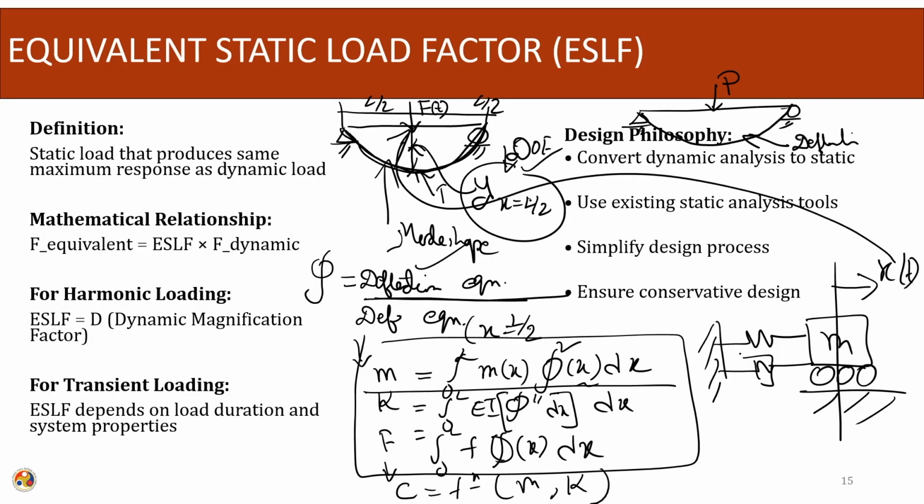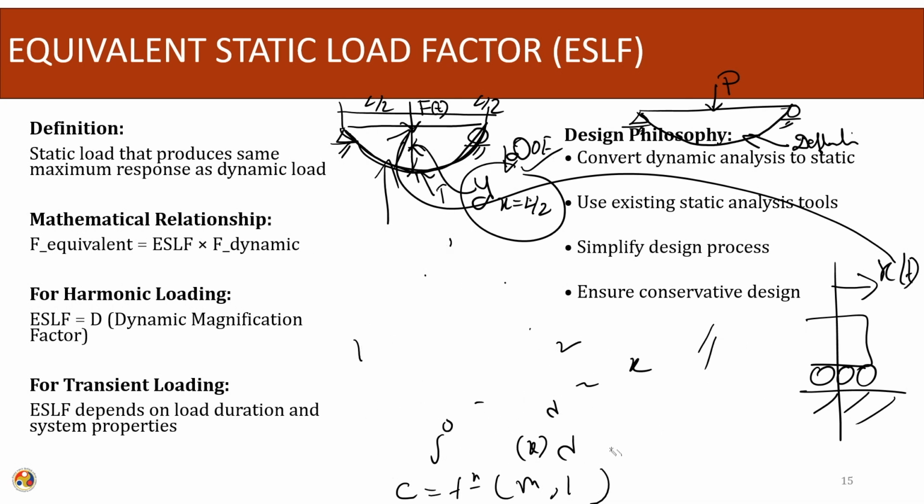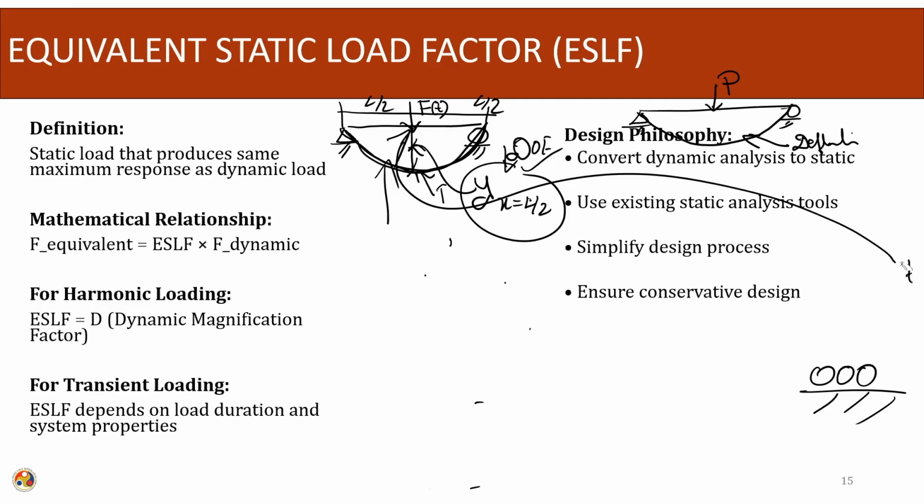Once I have my chosen degree of freedom and my equivalent system, we wrote down the equation of motion, and from the equation of motion we calculated the total response of the system.